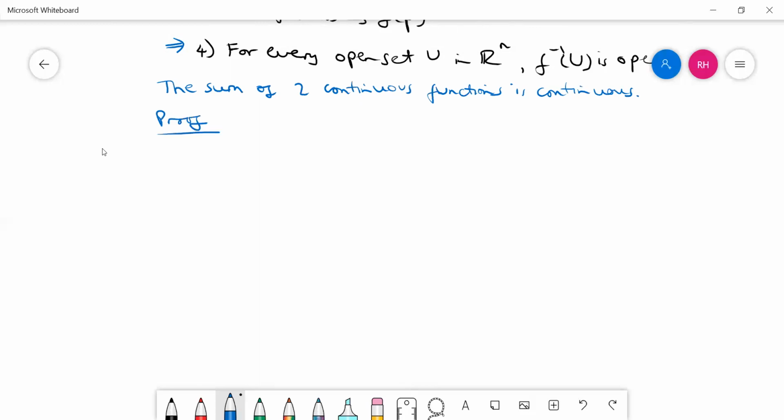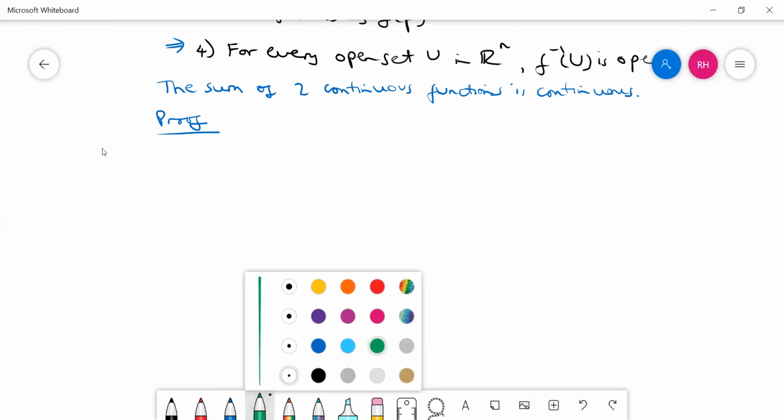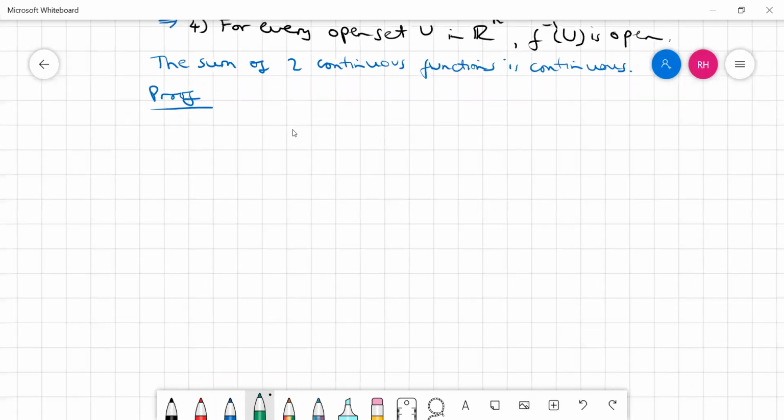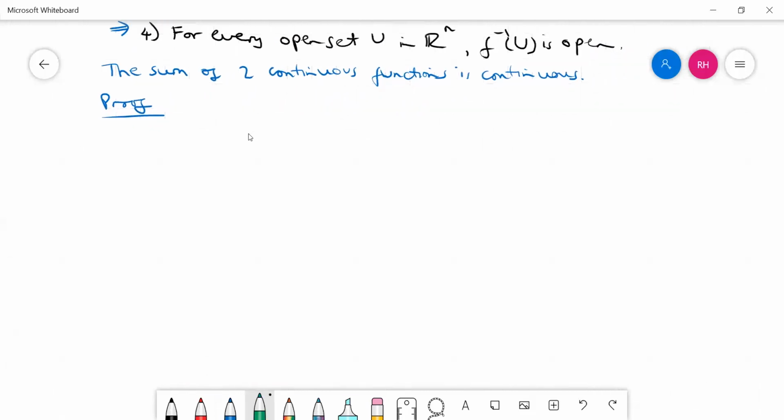Okay, so let's work towards it. Let's just talk some ideas. Let me get the green. I'm going to push that up so you can see that they're open. If we were going to do a direct proof, our first line is going to be something like, suppose U in Rn is an open set.